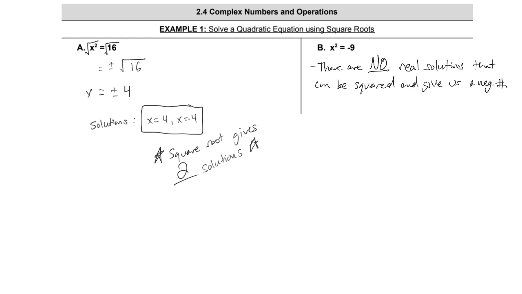Well, how do we solve for this? We use complex numbers, and we'll go into the imaginary unit. To solve these, we're going to separate 9 and negative 1, then take the square root of them.